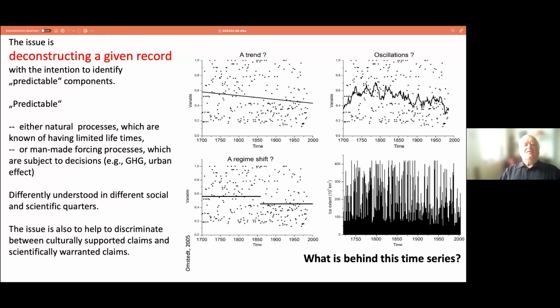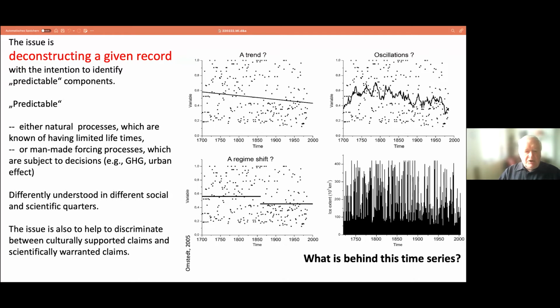So the issue is to deconstruct a given record with the intention to identify predictable components. Predictable means it's either natural processes which are known to have limited lifetimes, such as ENSO events, or man-made forcing processes which are subject to decisions, such as greenhouse gases, urban effect.